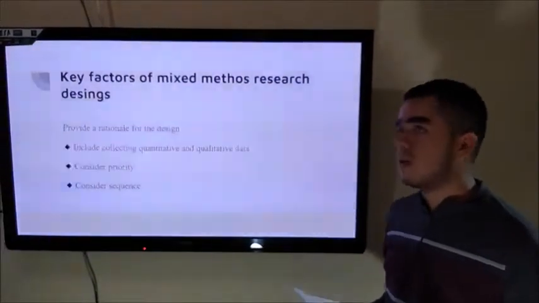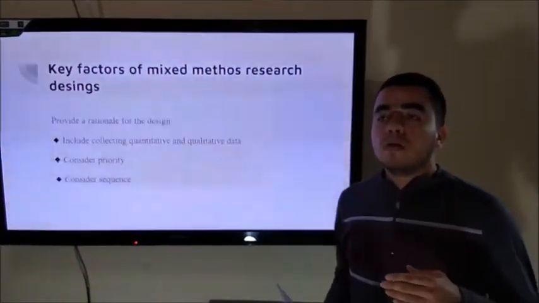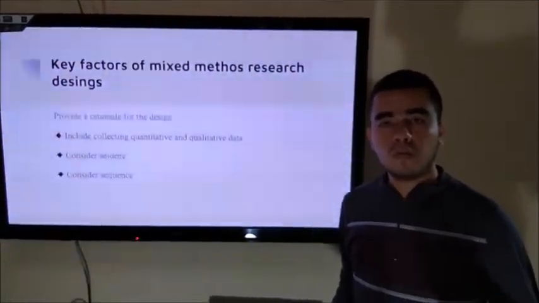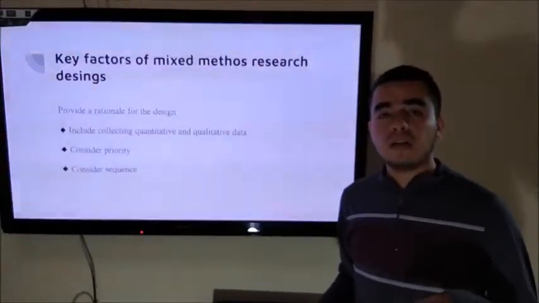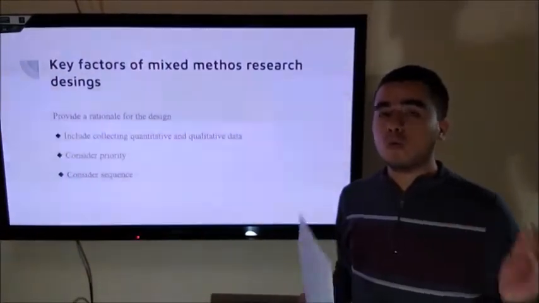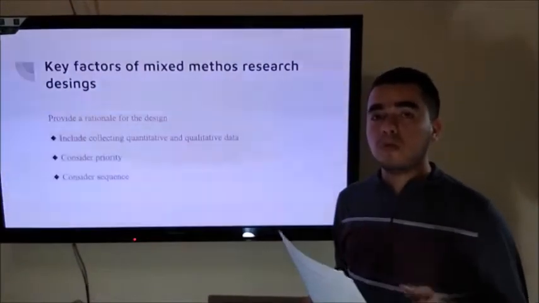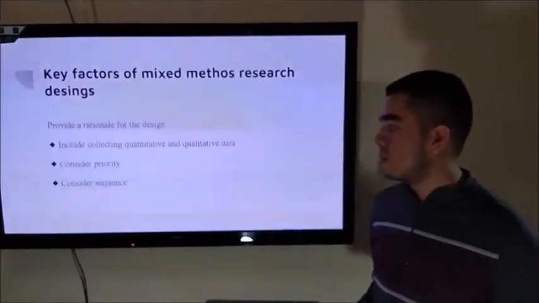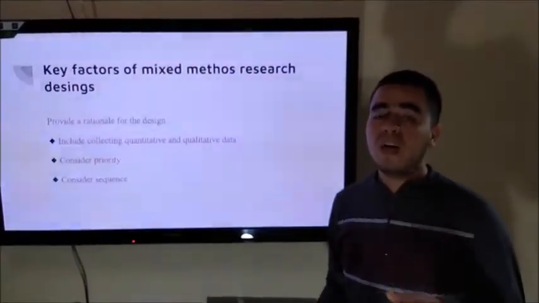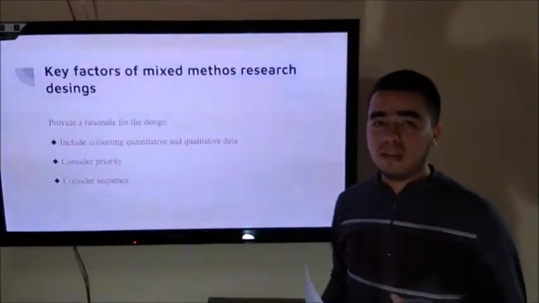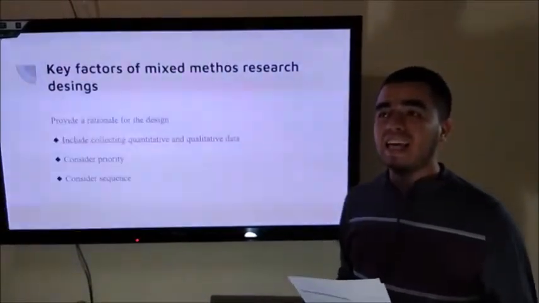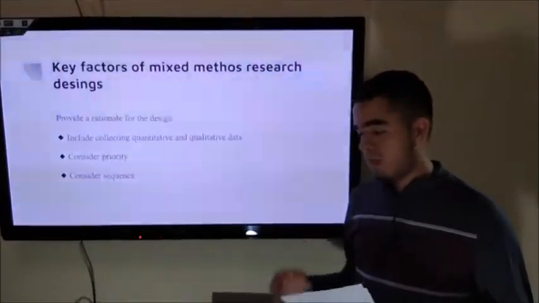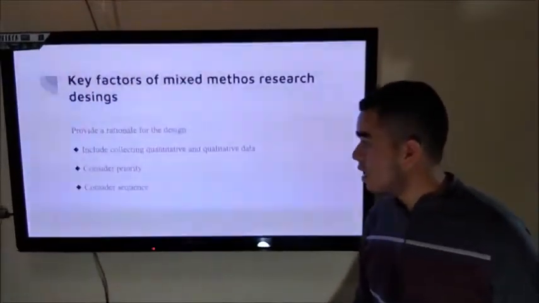Priority means that, if necessary, you focus more on the qualitative or the quantitative, so you are going to prioritize one method instead of the other. And also the sequence: whether you are going to collect the qualitative or the quantitative part first. So it is up to the kind of mixed method research design, and this is something that is going to be explained later.